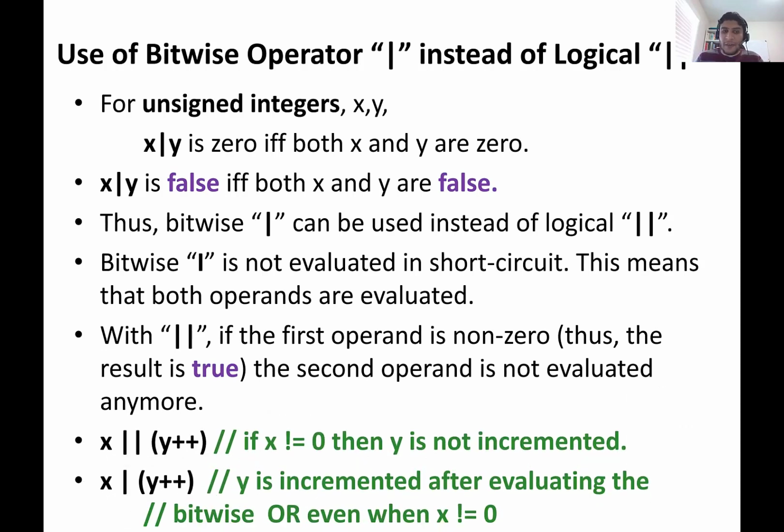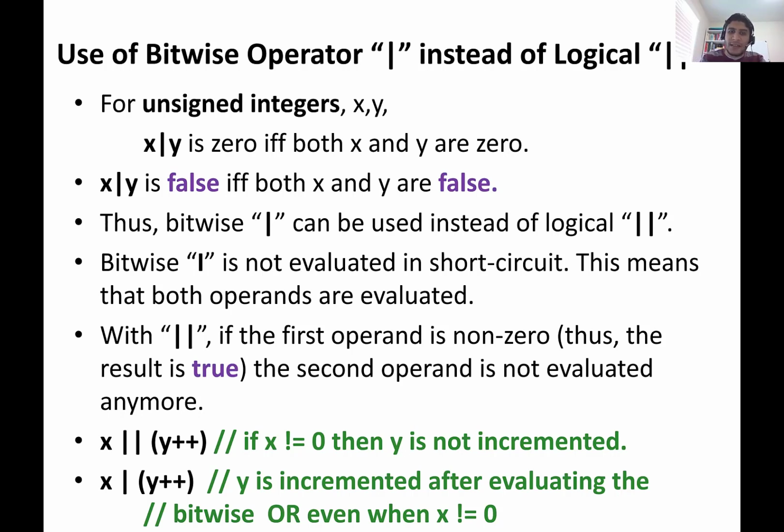What is the difference then, if the bitwise OR can replace the logical OR? Remember, we said in one of the review lectures before the midterm that when doing the OR, the compiler tries to do an optimization. If I'm doing X or Y, where or is the logical one, the two bars, and X is true, then true or anything is true, so the compiler will just ignore the second one.